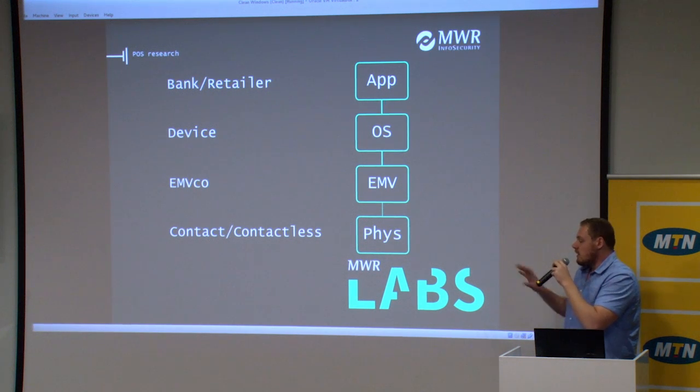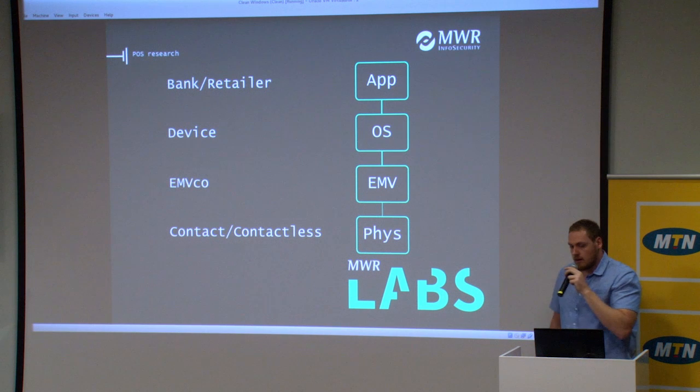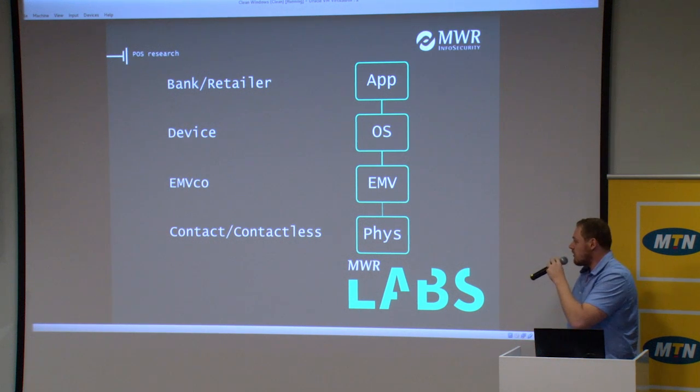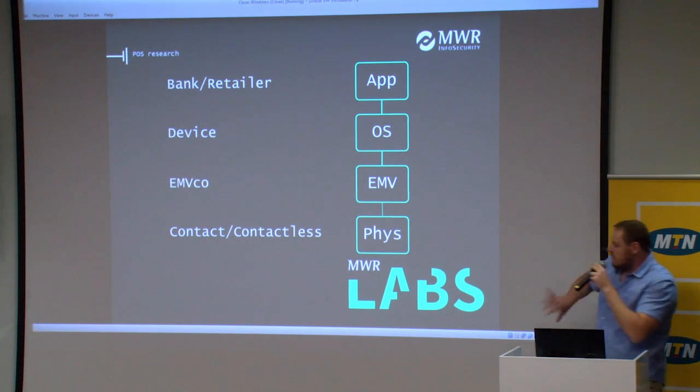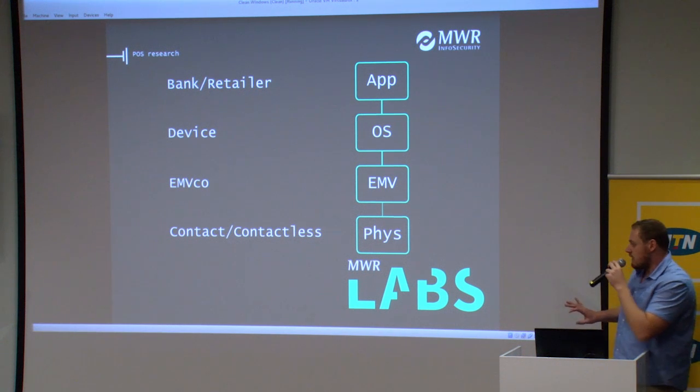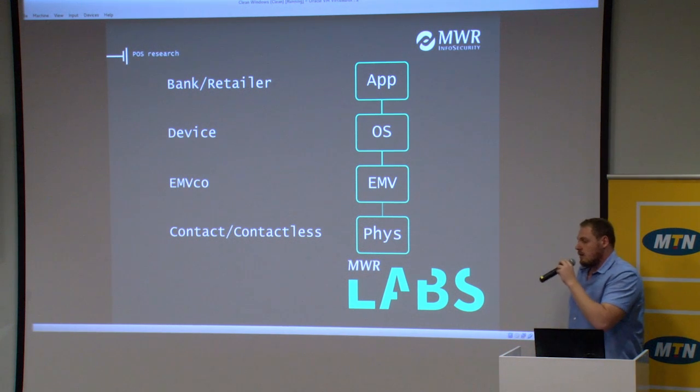Then you've got the EMV kernel that handles the communications and some of the security protocols. And then you've got the physical medium, which you use as an entry point. That's either contactless as the EMV, but normal POS devices also have USB or Bluetooth, depending on what terminal you're using and what technology is available.